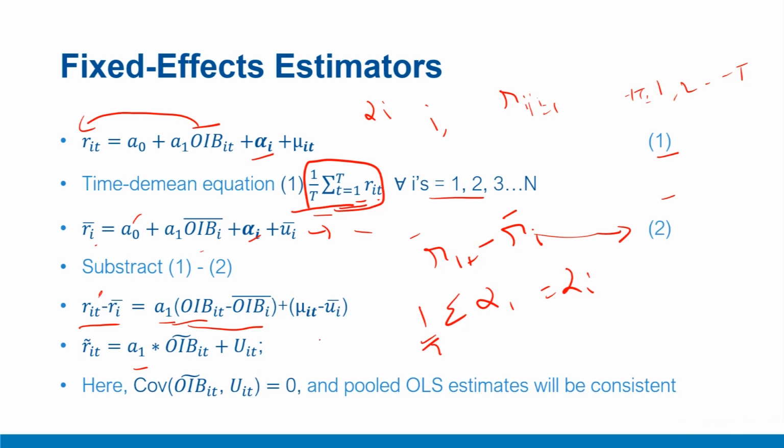This resulting transformed system can be estimated with pooled OLS as long as the covariance between the resulting independent variable, which is OIB tilde IT, and the error term mu IT is zero. If there is no covariance or correlation between these, then the transformed system can be estimated with pooled OLS, and the estimates of A1 will be consistent in nature.